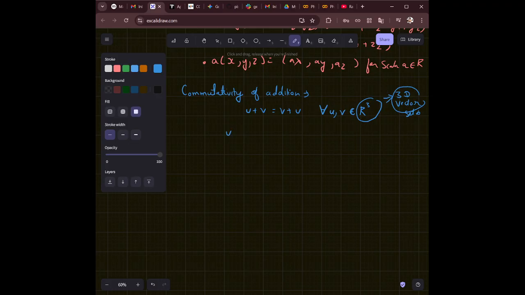Here we have u equals (x1, y1, z1) and v equals (x2, y2, z2).